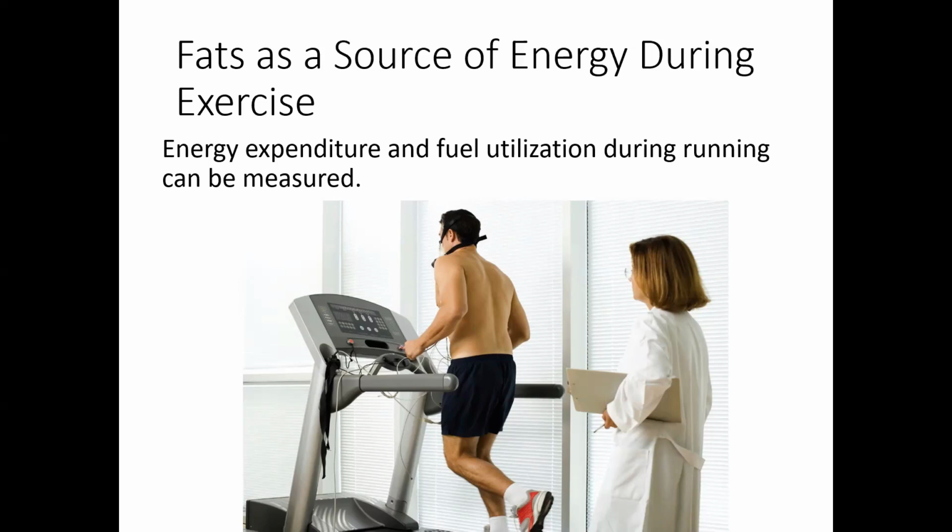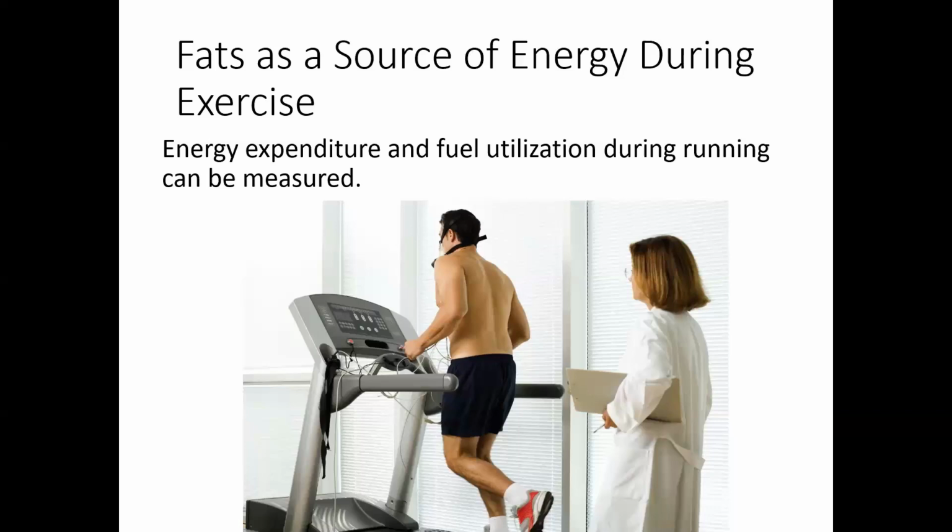Energy expenditure and fuel utilization during running can be measured with something called a metabolic cart. And what we see is that as exercise intensity increases, we move from using fat and carbohydrate for fuel to only using carbohydrate, right? Because we've talked about this with the energy systems.